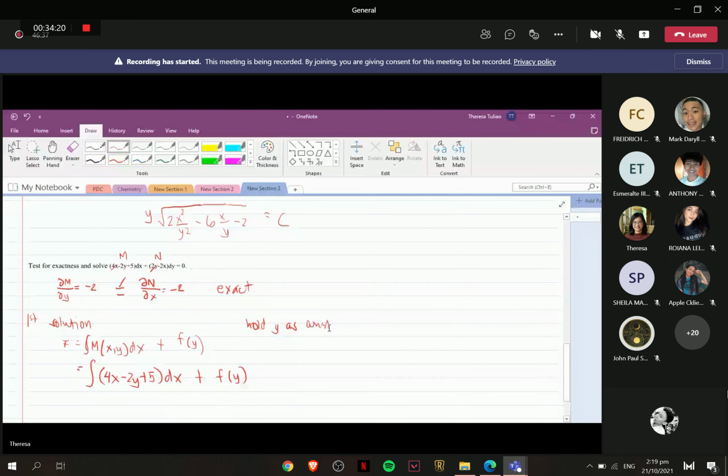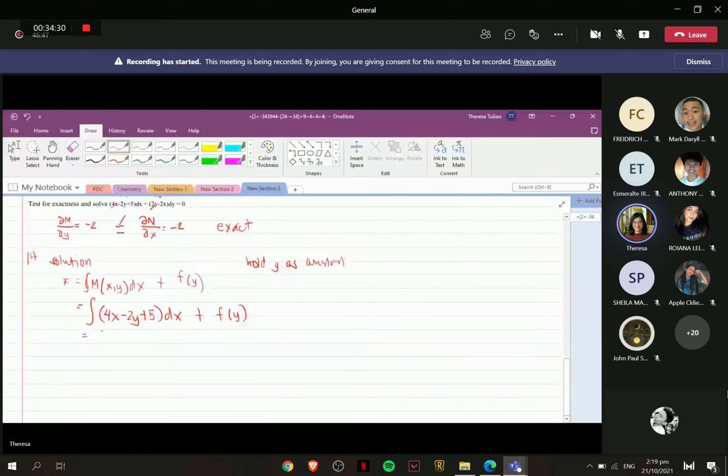Okay? If we're going to get the integral holding y as constant, this will be 4x squared all over 2. Tama? So that is simply 2x squared. Nakuha class?